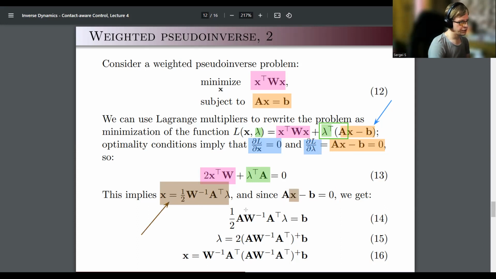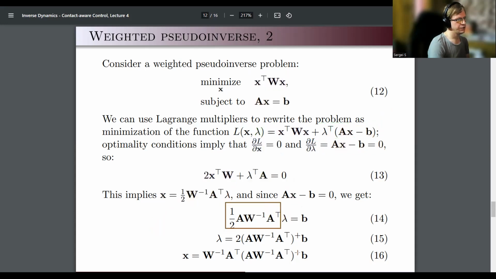So here's what we get: 1/2 and W inverse A transpose lambda. From this, we can express lambda. How do we express lambda? Well, very easily. This we pseudo-invert. We get 2 and this pseudo-inverse.